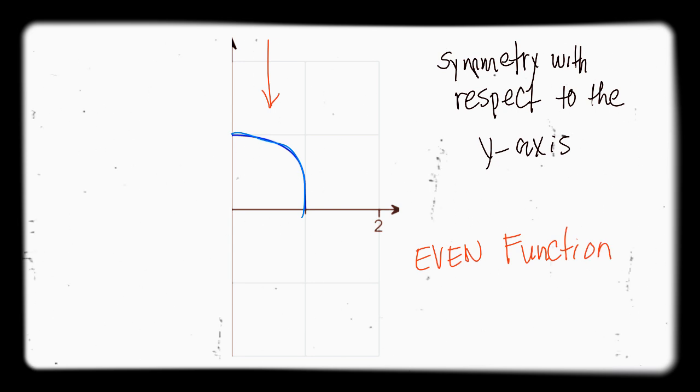I just fold it. You can see the symmetry, that it's identical on both sides. They're twins. So you can see that if you fold it, it's going to line up perfectly along the y-axis. So this function here is even.